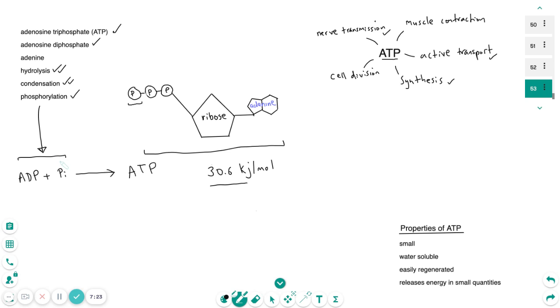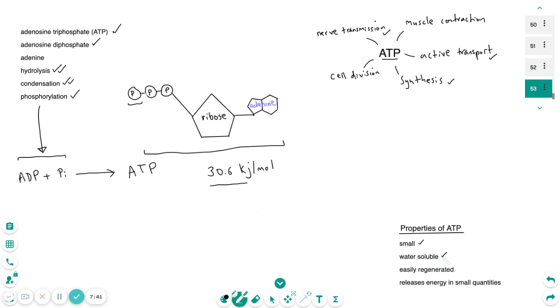So what makes ATP good as well? Some of its properties are it's really small, so it can enter any cells and organelles, and it can be produced in places like the mitochondria, so it can get anywhere where it's needed. It's water soluble.